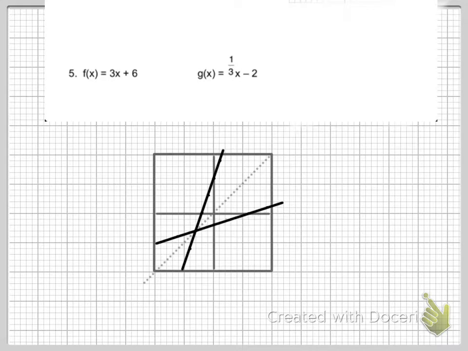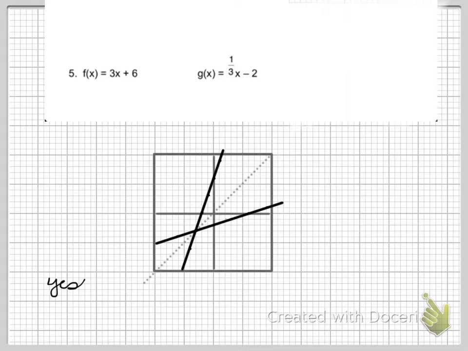Okay, and is our prediction that these two are going to be inverses, just from the graph? Yes, we think that they will be inverses. Now, how do we check it algebraically? Okay. Go back and check, our instructions are to check it algebraically and graphically.